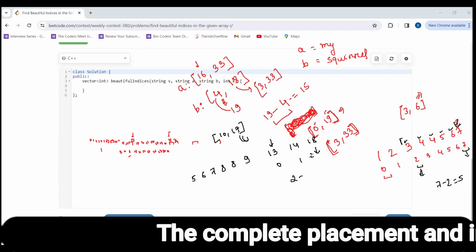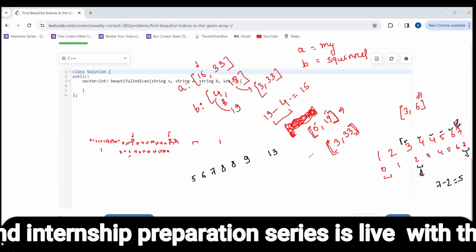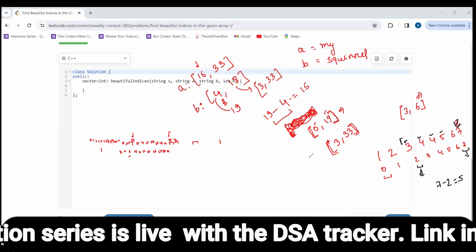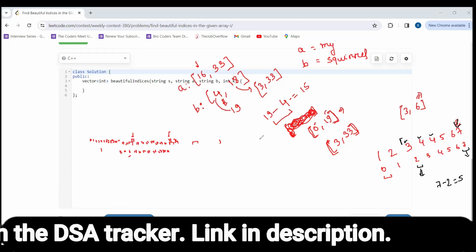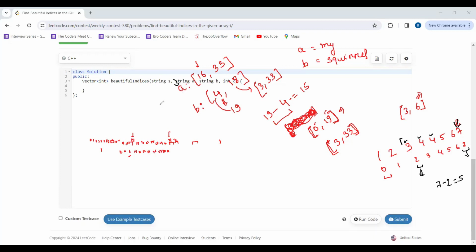So our task can be divided into two things. First of all, we'll need to find all the occurrences of A in the string S, and then all the occurrences of B in the string S, and store their indices. Then for every particular index, we'll need to find a range.